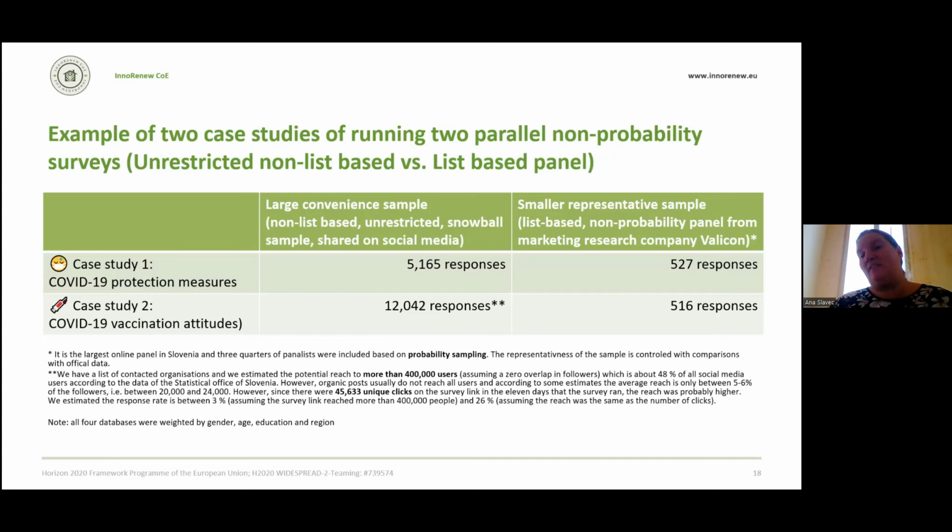They sent this survey to their panel, and 527 panelists responded in the same week. So this was happening in parallel. And now we have the comparison of these 5,000 responses to these 500. In the next slide, you will see what happened.